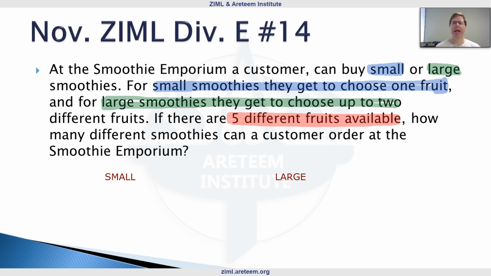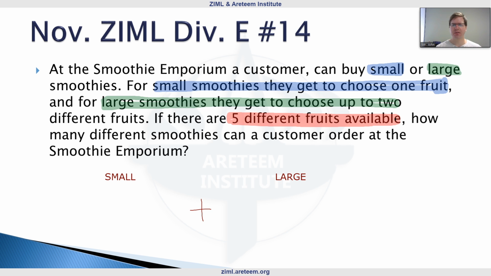Then we ask, what happens in each of those scenarios? If you list them out, then we want to add things together. What choice do you have for the small smoothie? If you order a small smoothie, you just get to choose the fruit.